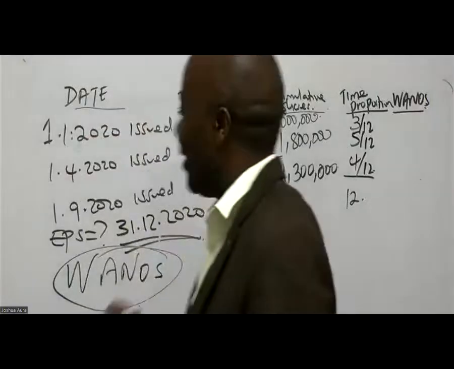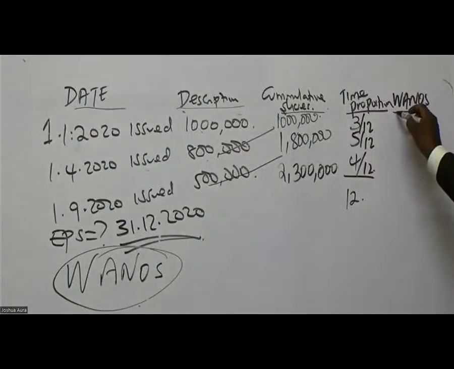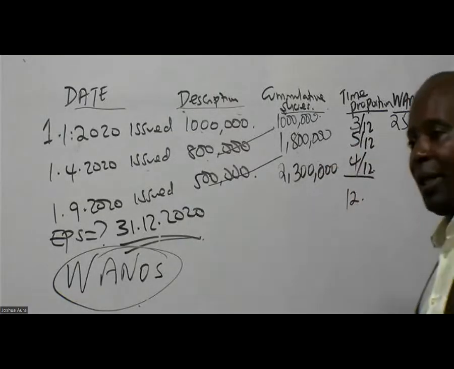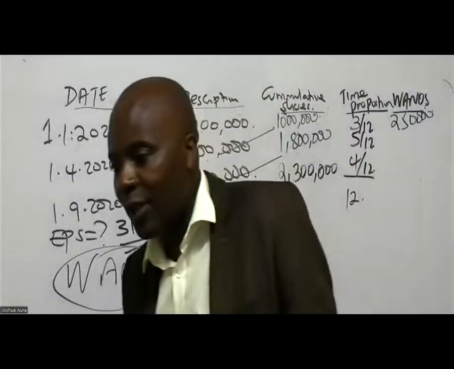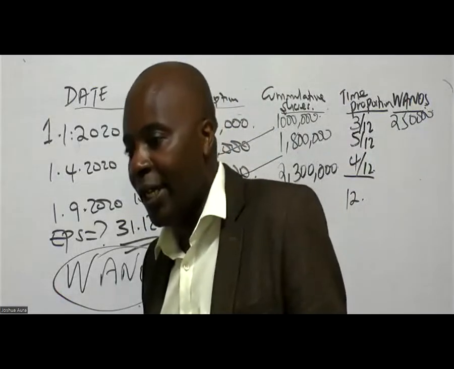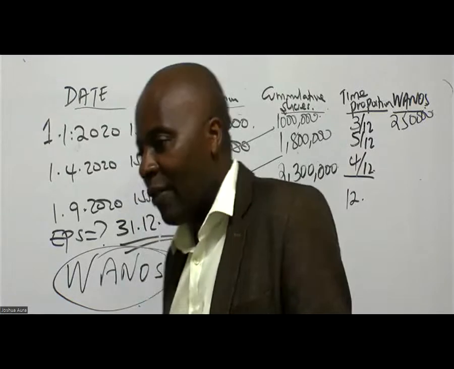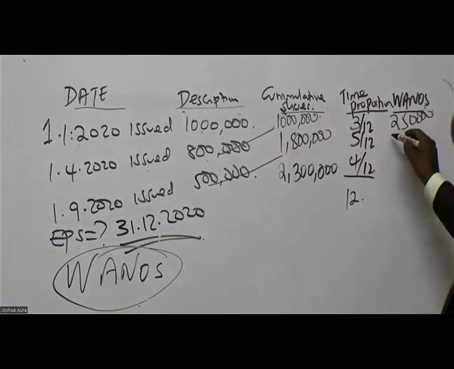250,000. How about 1.8 million times 5/12? That is 750,000.